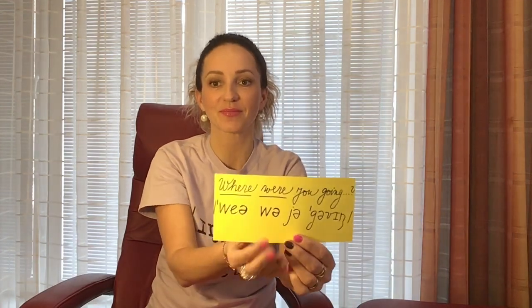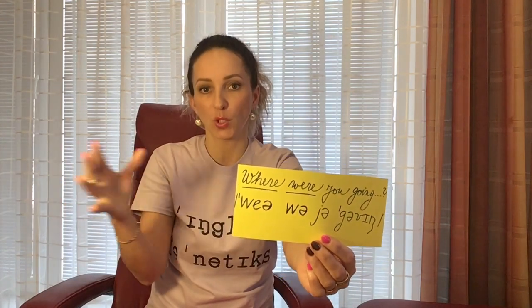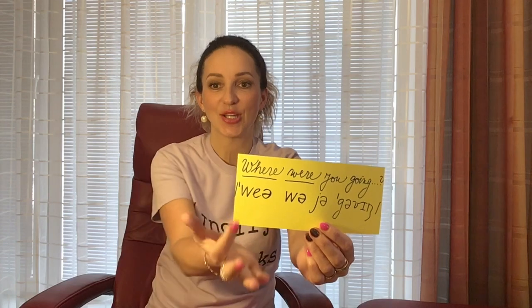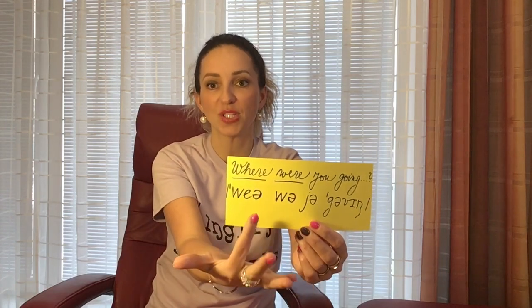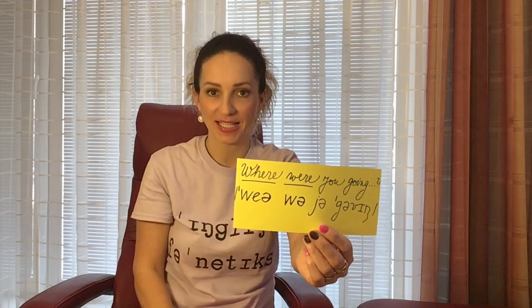And let's have a look at the last example for today. Where were you going? For instance, I can have a longer sentence. Where were you going when I bumped into you last night? So you can have a contrast between where and were being used in one particular sentence.